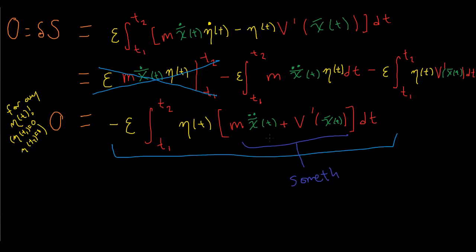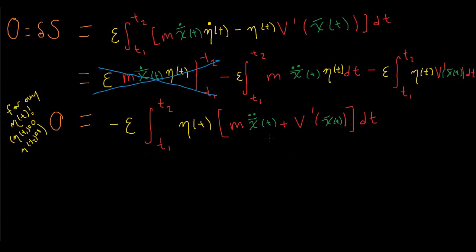So, this whole integral is only equal to 0 if this something is equal to 0. And why is that? Well, let's say that there were some t.